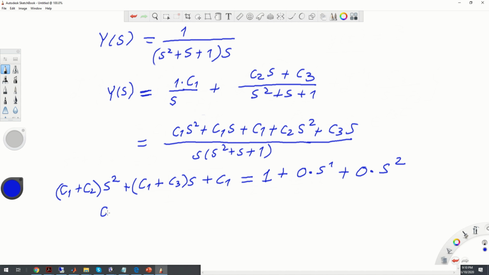So what do we have? C1 is 1, right? Then C1 plus C3 is 0. And finally we obtain C1 plus C2 is 0. So from this system we obtain C1 is 1, C2 is minus 1, and C3 is minus 1.